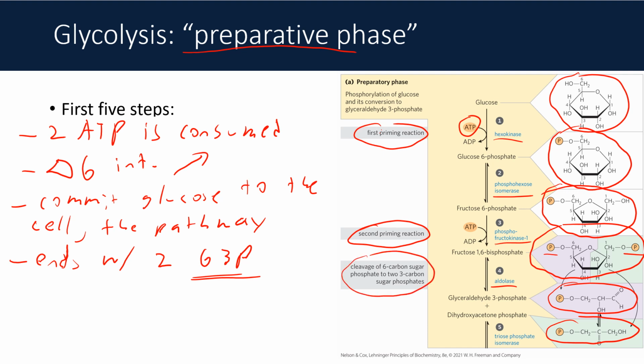After we do this cleavage step, we will employ the fifth and final enzyme of the preparative phase, triose phosphate isomerase, which will scramble the dihydroxyacetone phosphate into G3P, which will converge these two molecules onto a single track, hence ending us with two equivalents of glyceraldehyde 3-phosphate, G3P, based off of a single glucose.